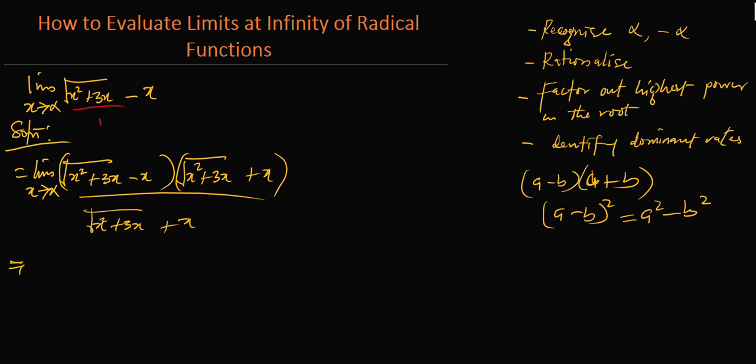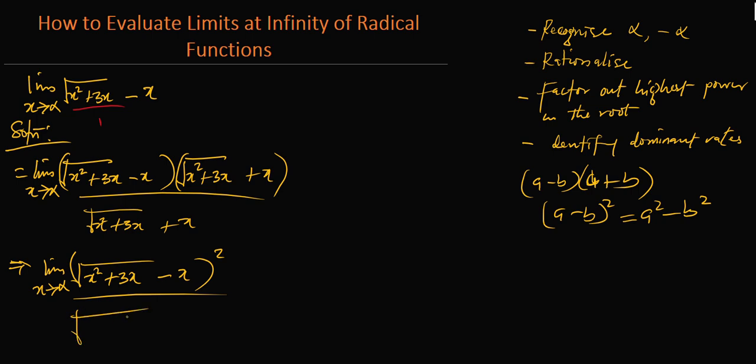This will imply that we have the limit as x approaches infinity of root x squared plus 3x, all squared, minus x squared, all over root x squared plus 3x plus x.